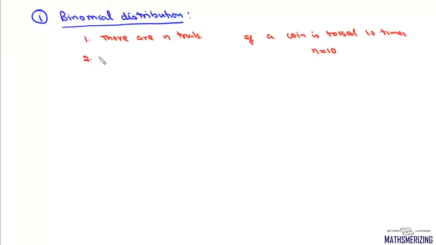The second condition is each trial results in only two outcomes, either success or failure. The probability of success we'll say is p, and the probability of failure is q.